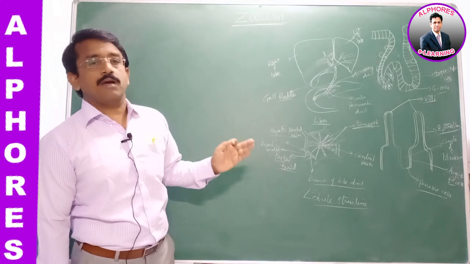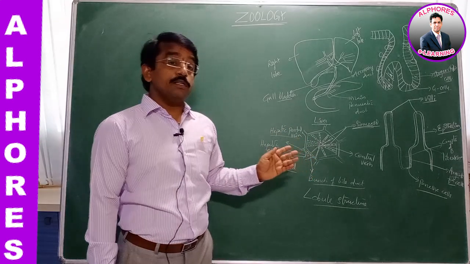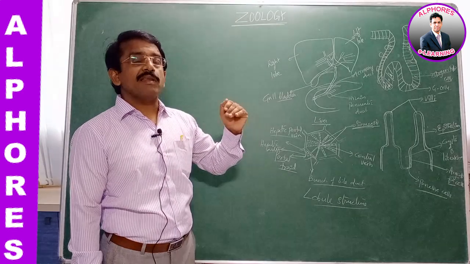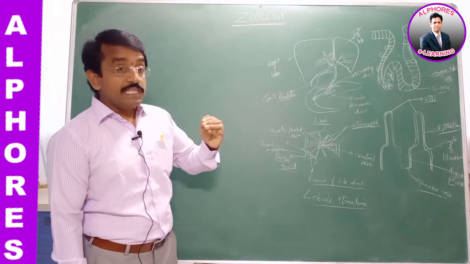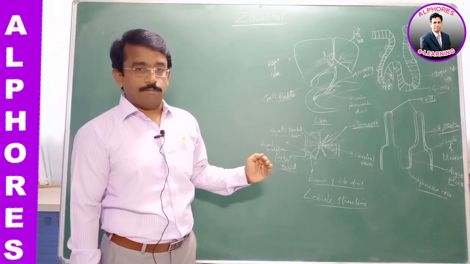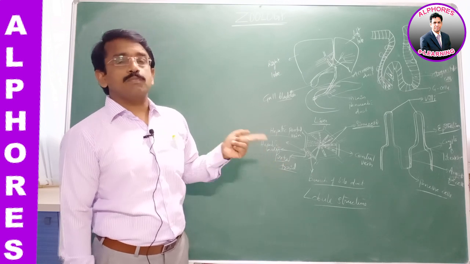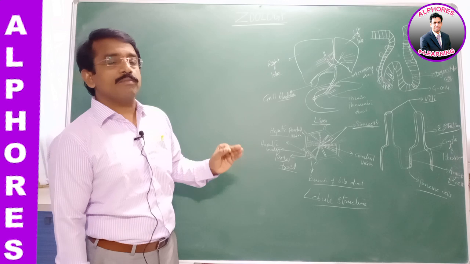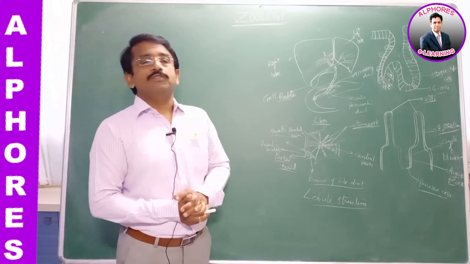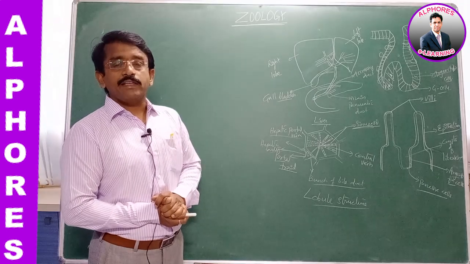For example, pepsinogen, prorenin, and even trypsinogen, chymotrypsinogen. These are all inactive enzymes, which are converted into active ones. Pepsinogen and prorenin are activated in the acidic condition, that is in the stomach, whereas trypsinogen and chymotrypsinogen are activated in alkaline conditions.